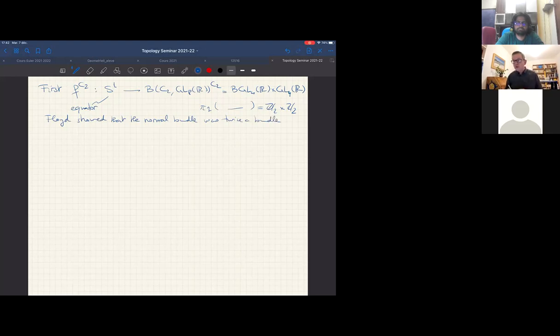And that's how he concluded that, being 2 times something in Z mod 2, it was 0, that the tubular neighborhood was trivial, S2 times D8. So now we apply here the same argument. Twice something in Z mod 2 times Z mod 2 is 0. So we know that this map is homotopically trivial.